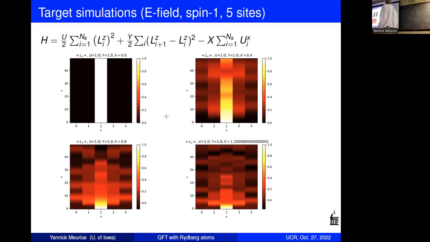But when you start turning on the x, then the electric field can spread. As you increase x, the spread gets faster and faster. This is a 5-site calculation that I did with exact diagonalization. Now Kenny, our postdoc, has been doing much larger simulations and got more structure, but that gives you an idea of the type of physics that you can get with this model.